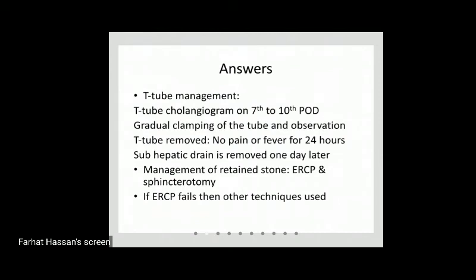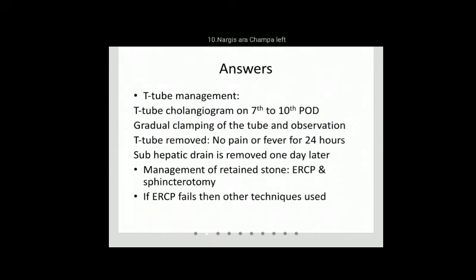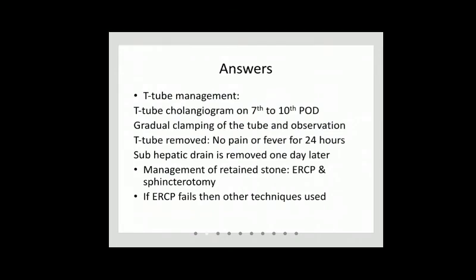Ultrasonography of the hepatobiliary system. MRCP, sir. Usually what is the most important investigation?